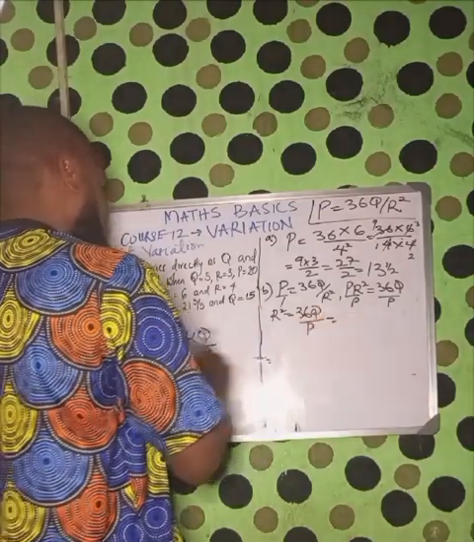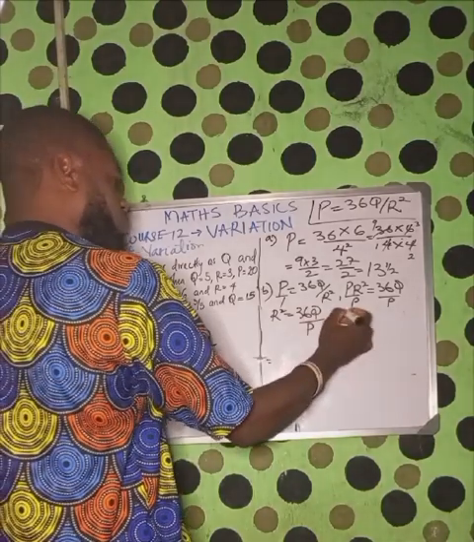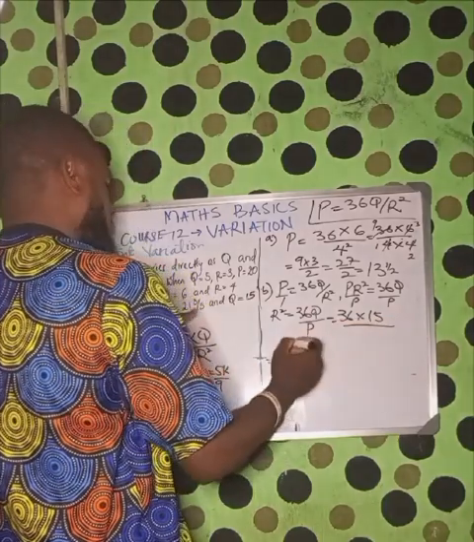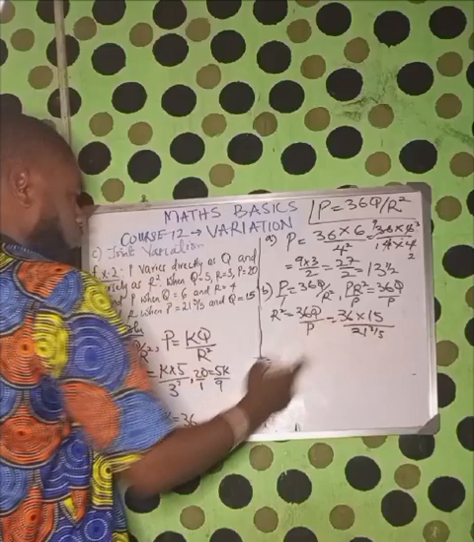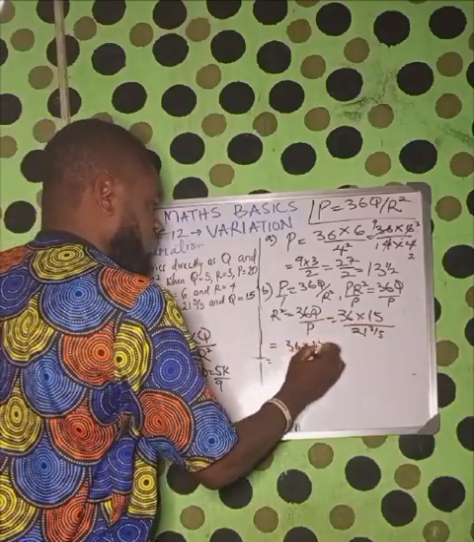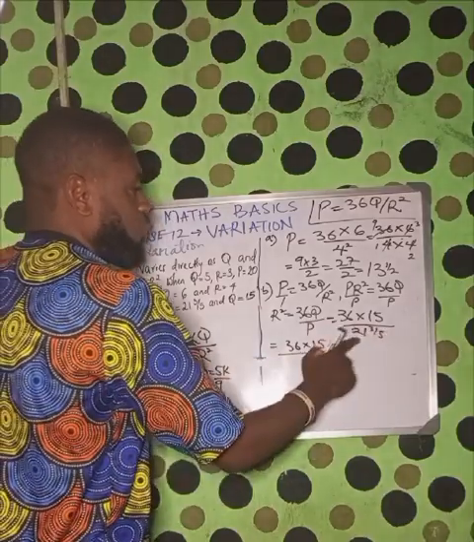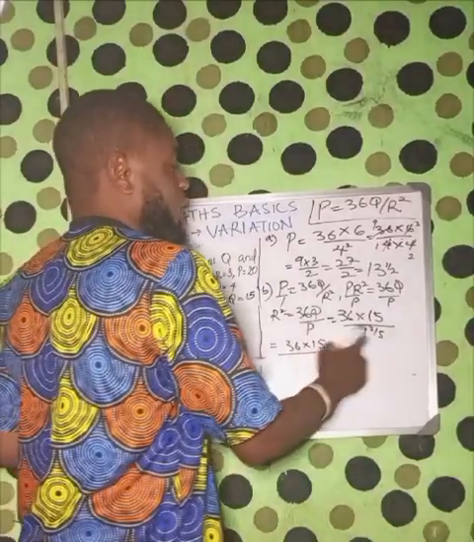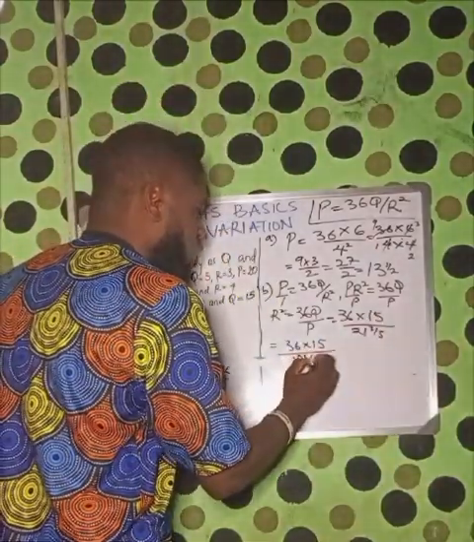So from there, I will substitute P as 21 3 over 5 and Q as 15. It becomes 36 times 15 over P, which is 21 3 over 5. So I'll have 36 times 15 over, I want to just break it down here first. 21 times 5 is 105, plus 3 is 108 over 5.